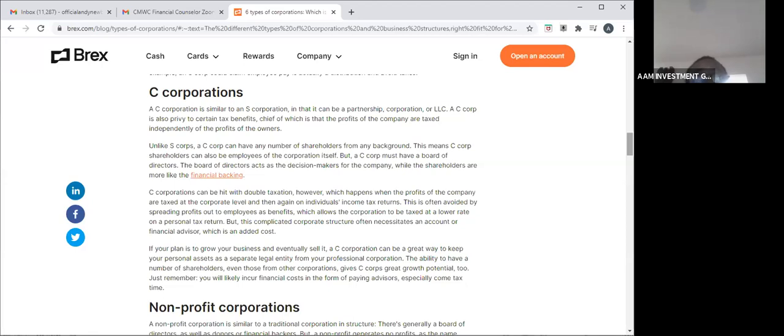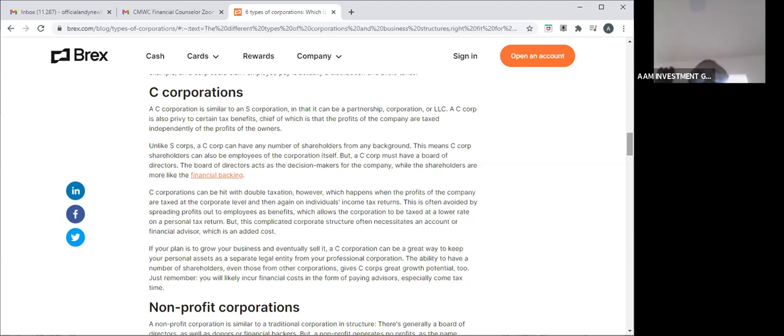That's the similarity to the S-Corp. However, unlike S-Corps, a C-Corp can have any number of shareholders from any background.